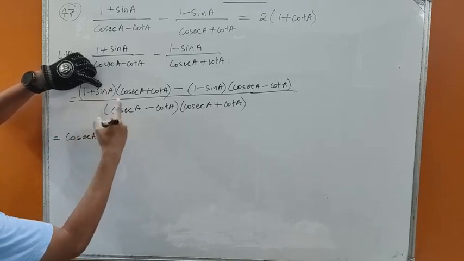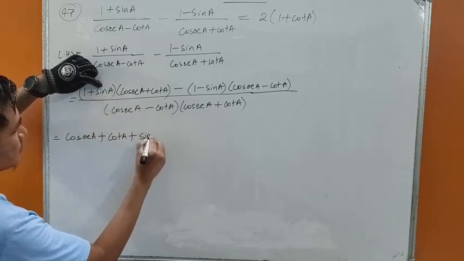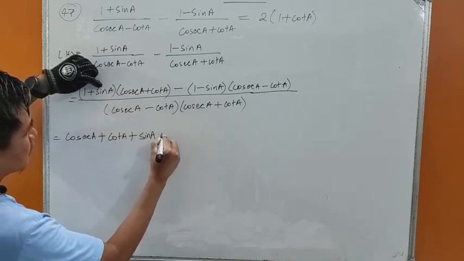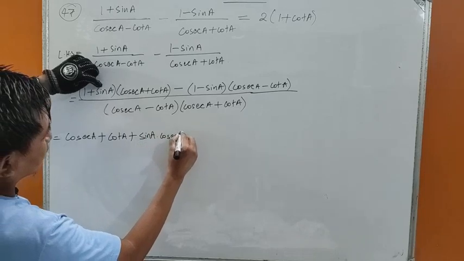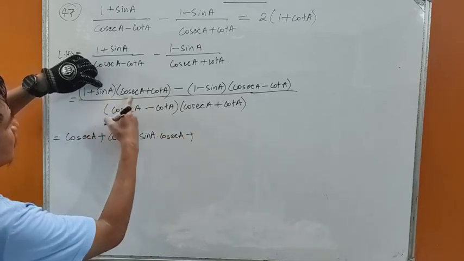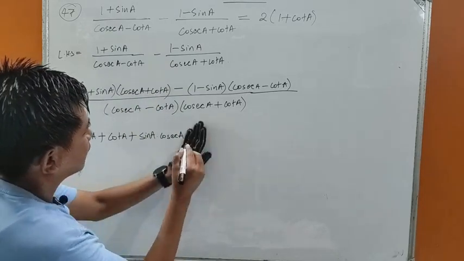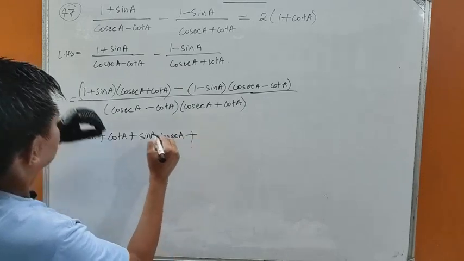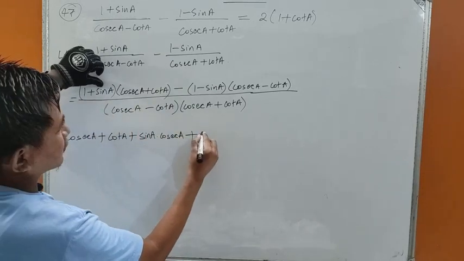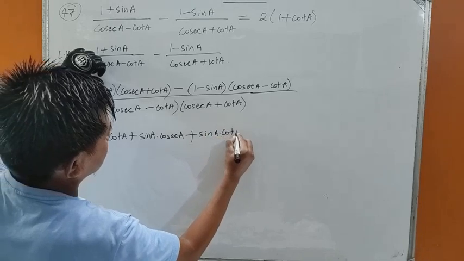So plus into plus is plus, sin A into cosec A is sin A cosec A. Now plus into plus is plus, sin A into cot A is sin A cot A.